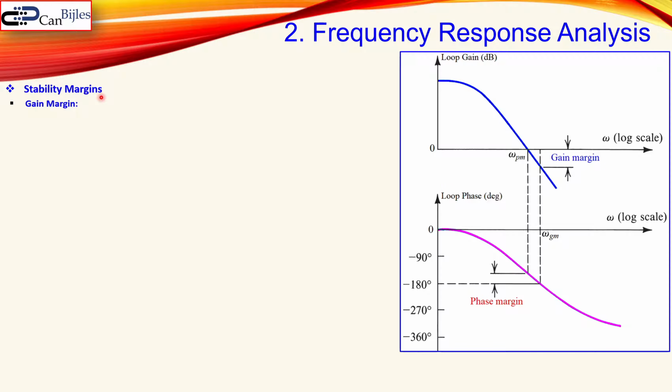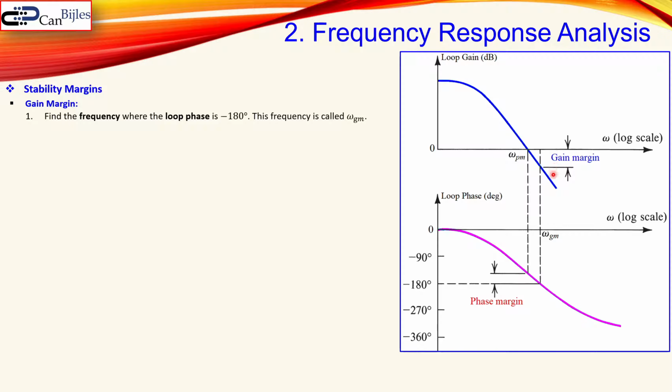There are stability margins, as said before, gain margin. You can find the gain margin by looking at the frequency where the loop phase is minus 180 degrees. So you look at your pink line. When you reach your minus 180 degrees, that frequency needs to be also checked at the gain plot.